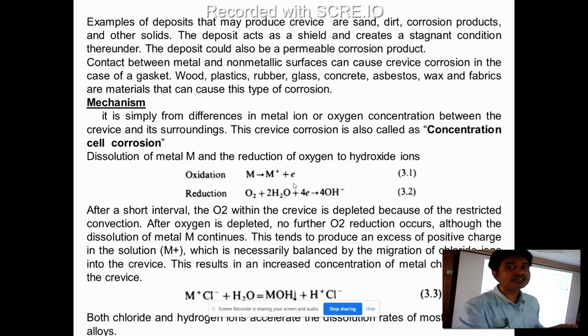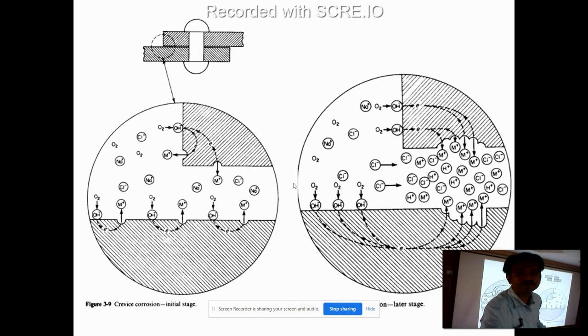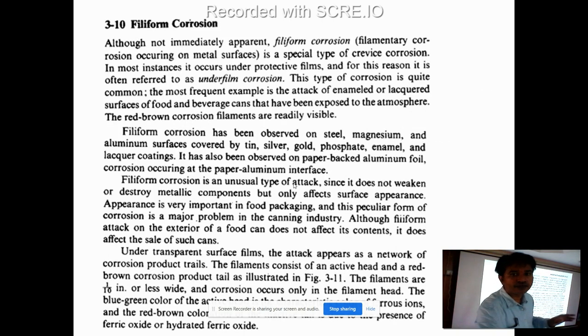This crevice corrosion is also called concentration cell corrosion. Again, combating we will discuss later. Fine. Filiform we will also discuss.